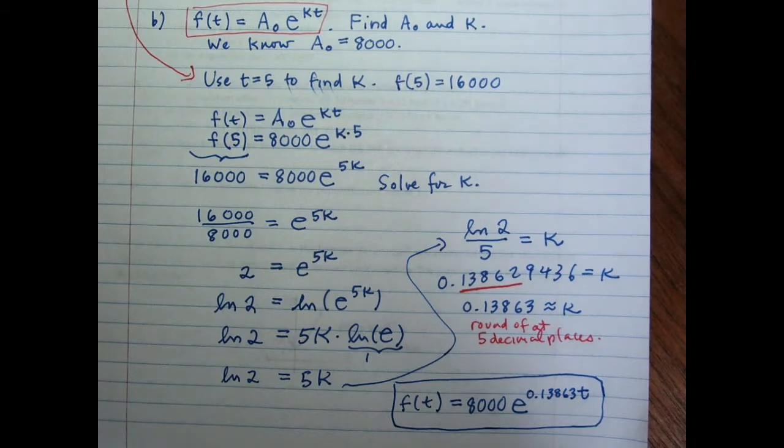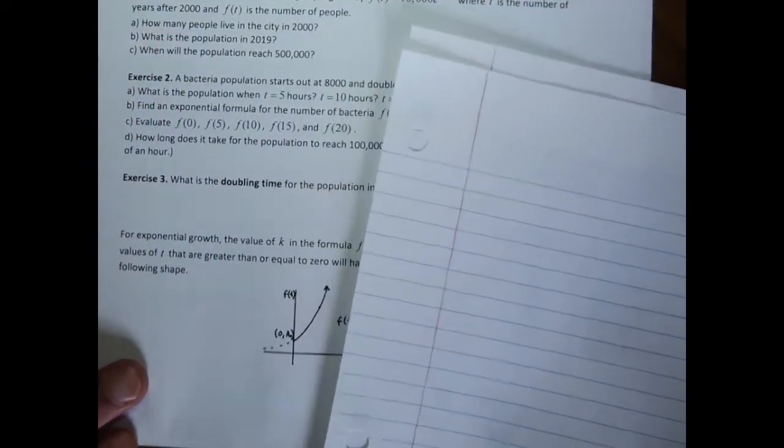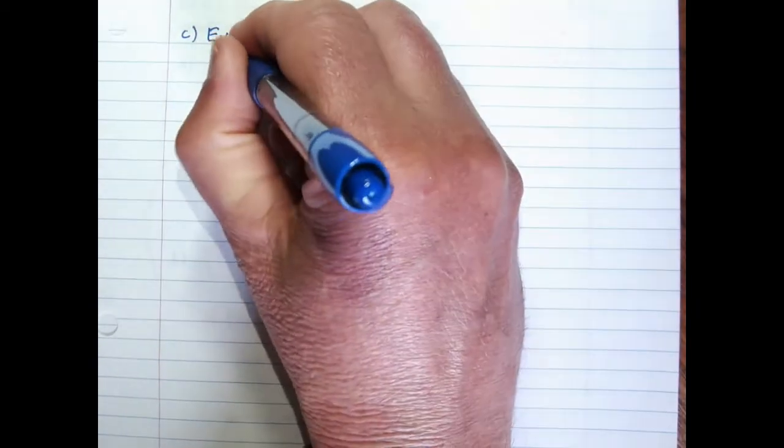Now let's continue on that exercise. There's a part C and a part D. Part C is to evaluate, and first they say f of 0.